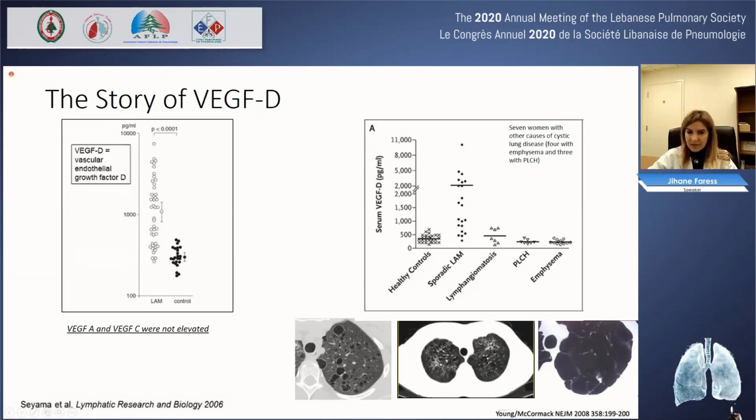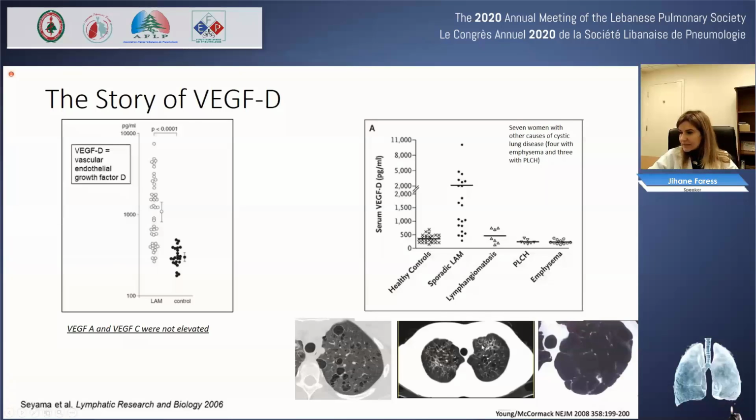Then a year or two later, the Cincinnati group, Dr. McCormick is the scientific leader of the LAM Foundation, and he's a big name in LAM. They published a correspondence to the New England Journal of Medicine when they checked their patients who have sporadic LAM and compared them to healthy control, but also to other cystic lung disease.